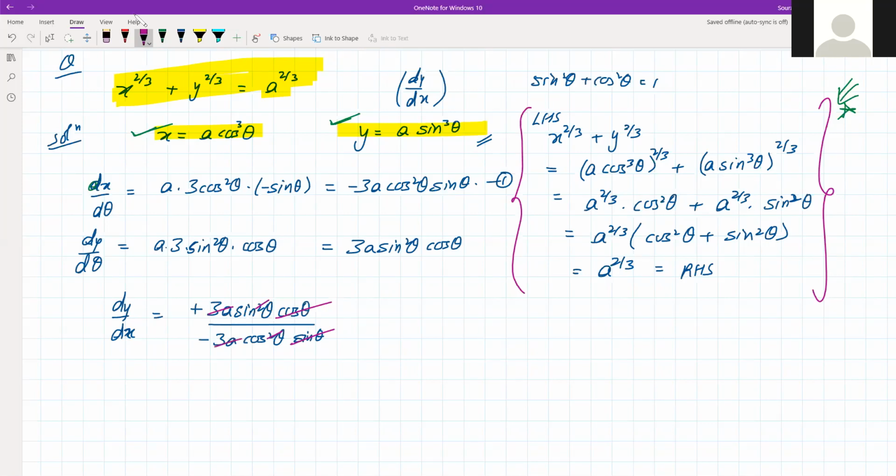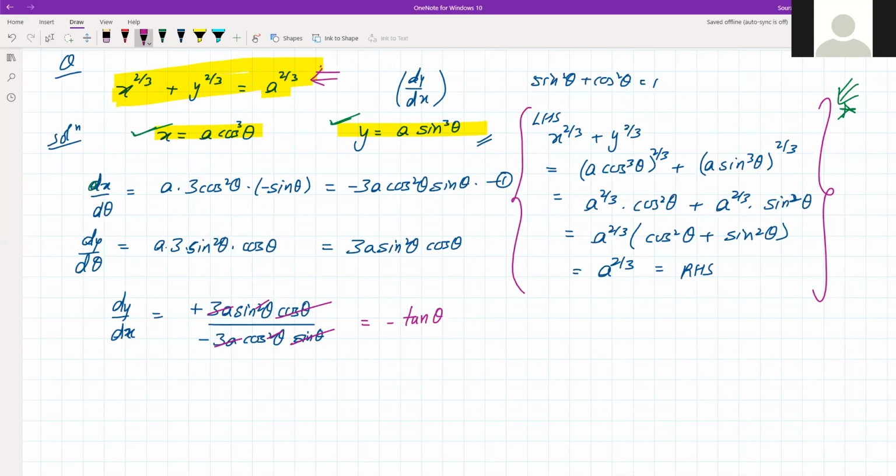So our final answer is sine theta by cos theta, that is minus tan theta. Now this is not the answer, because our original question is in the form of x and y, so our answer cannot have theta.